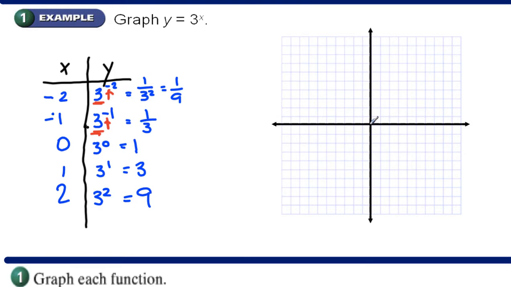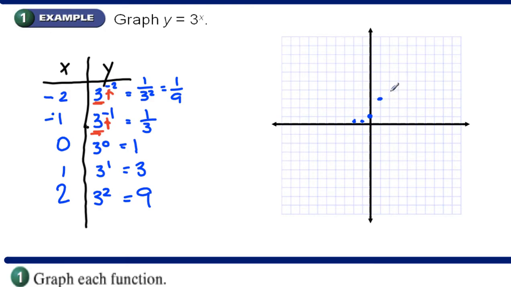There's the origin, -1, -2, and 1/9. Well, shoot, that's really small, so let's put that close to the x-axis. -1 and 1/3, well, that's still relatively small too. 0, 1, 1, 3, and 2, 9.